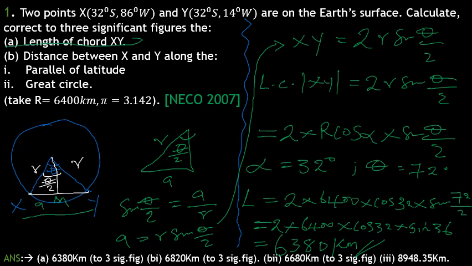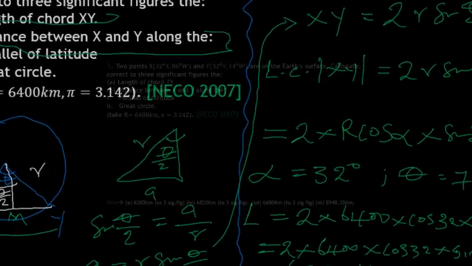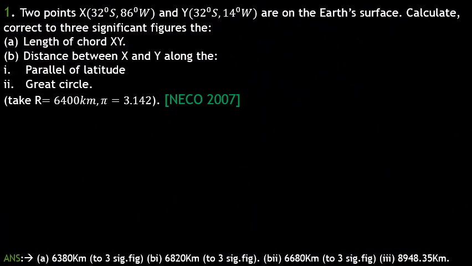Okay, B says distance between x and y along the parallel of latitude. So let's label properly. This is question 1bi. Now the question says we should find the distance between x and y along the parallel of latitude.